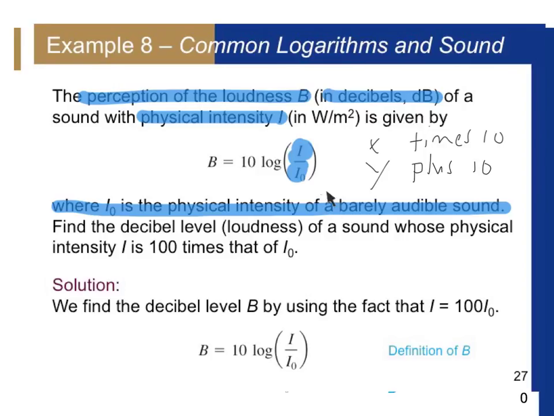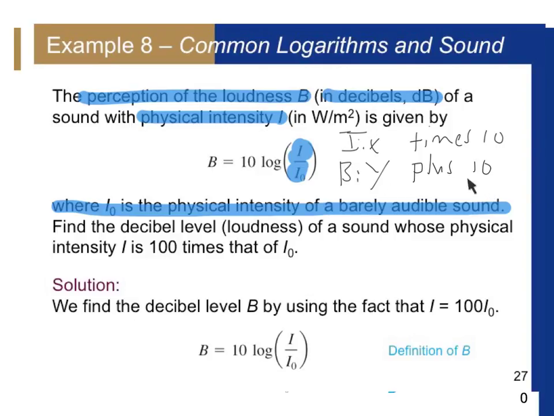Let's call the input I, and this would be our y. So every time the intensity of our sound goes up by a factor of 10, then our perception, the decibels, goes up plus 10.